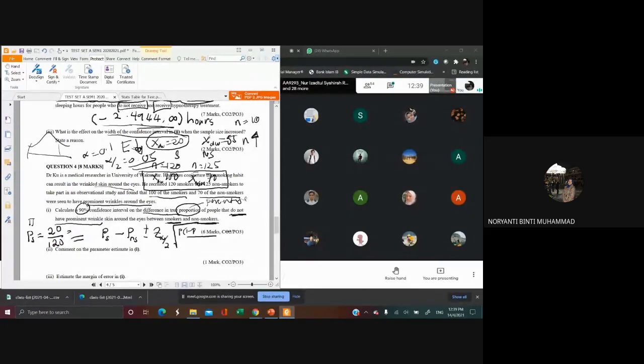PU kena nilai dia dalam decimal places. I mean dalam 0 and 1. Antara 0 and 1. Okay. Dia bagi ni number of. It's not proportion yet. Okay. So P and S dia akan dapat 55 bahagi 125. Okay. So you akan dapat value sini.